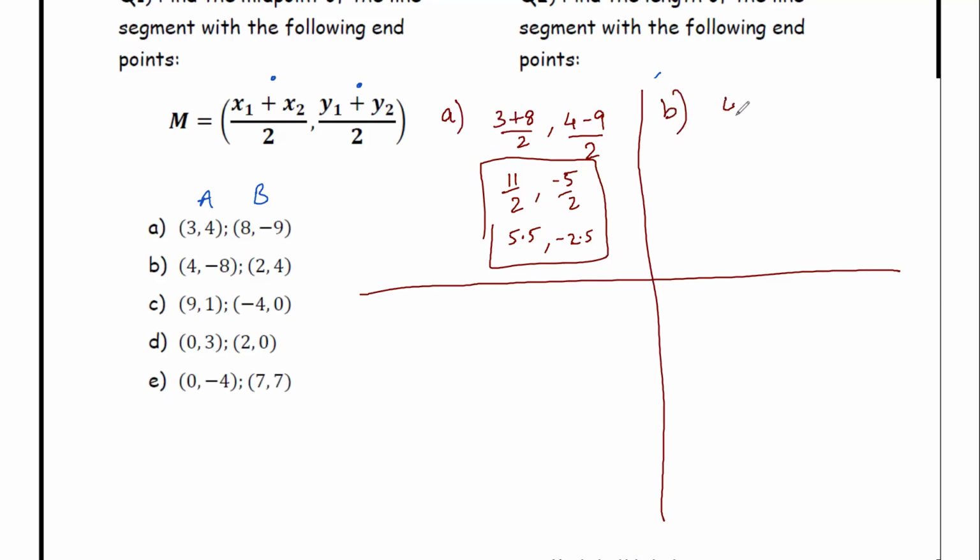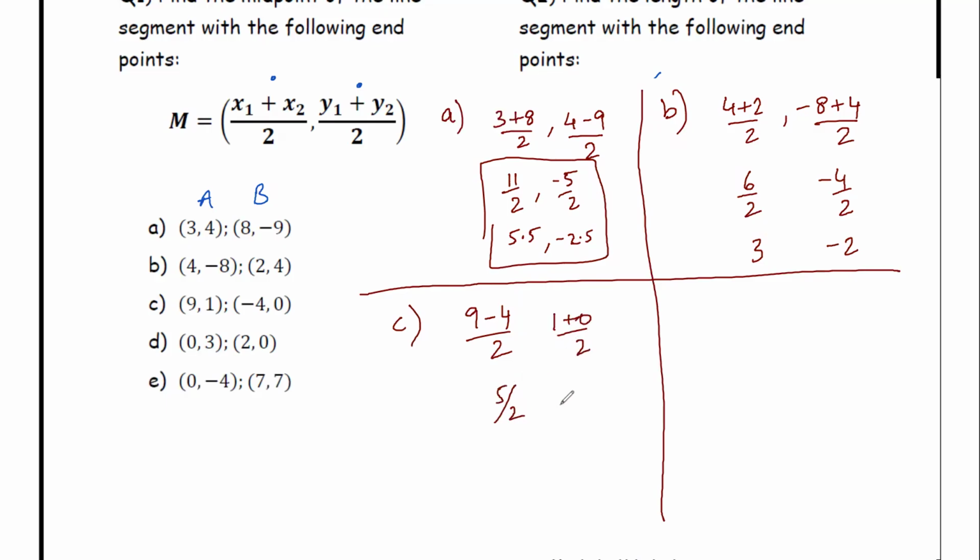B. 4 plus 2 divide by 2, minus 8 plus 4 divide by 2. So you got 6 by 2 and you got negative 4 by 2. That's negative 2 and 3. C. 9 minus 4 divide by 2, 1 plus 0 divide by 2.